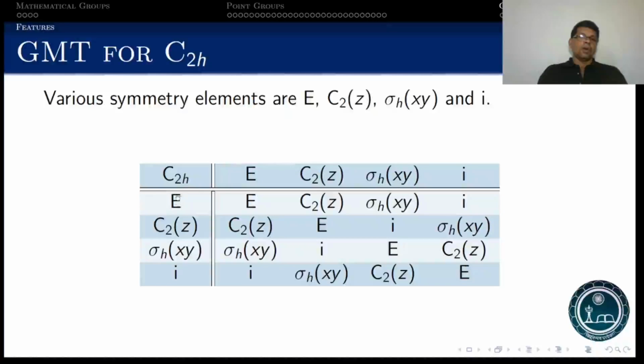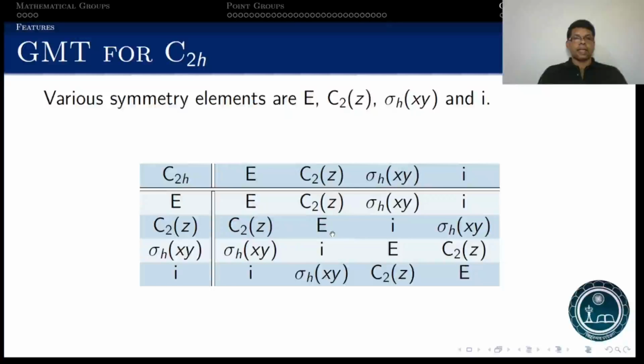See, these are the row labels and these are the column labels. Sigma HXY, the XY mirror plane, the perpendicular mirror plane, multiplied by sigma HXY is the identity element. This will be true for each combination.